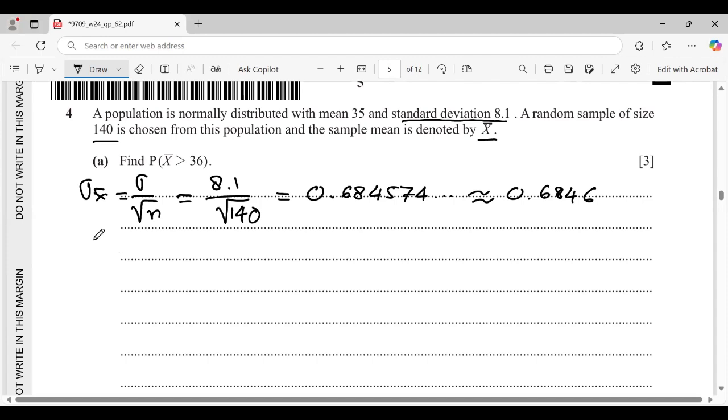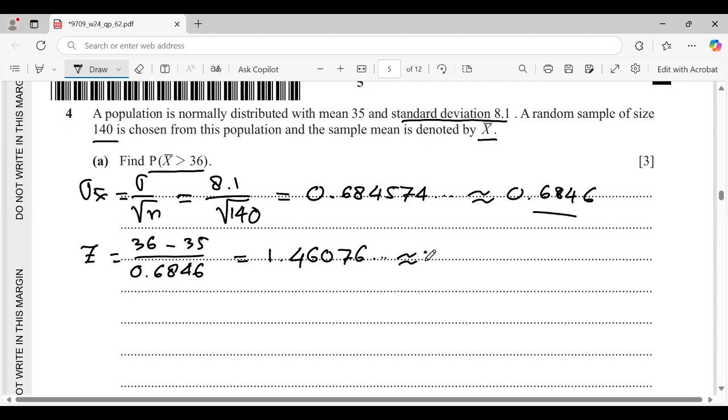We want to find the probability that X bar is greater than 36. So we calculate the Z score: Z equals 36 minus 35 over 0.6846. If you compute, the result is 1.46076, or 1.461.